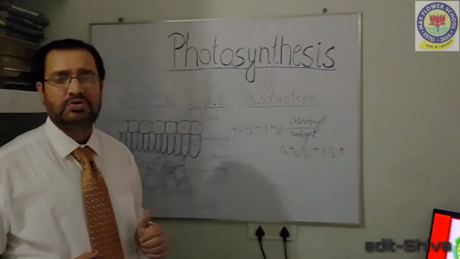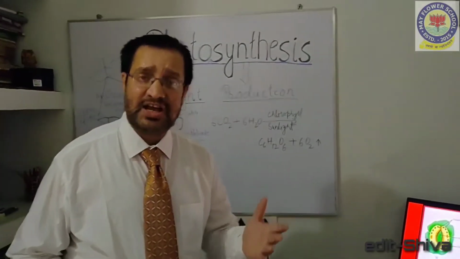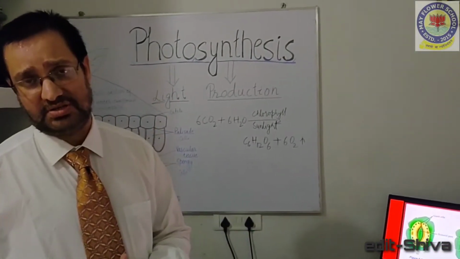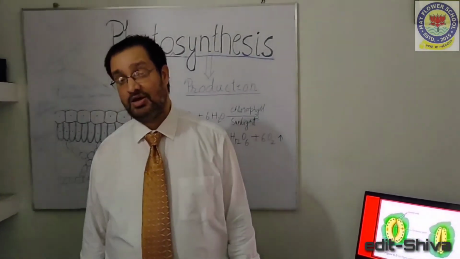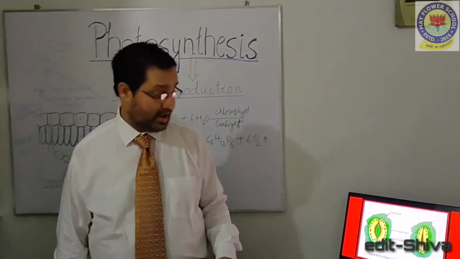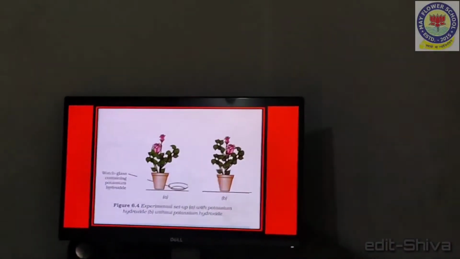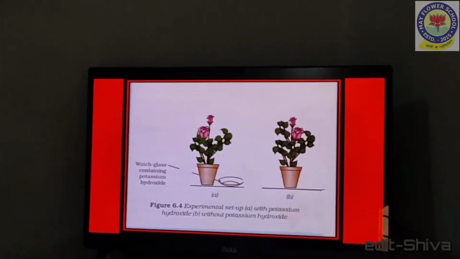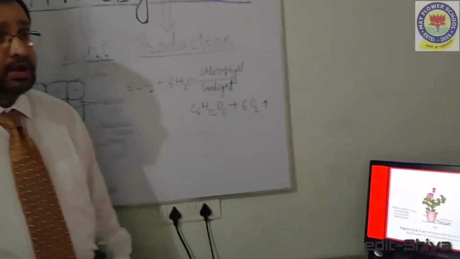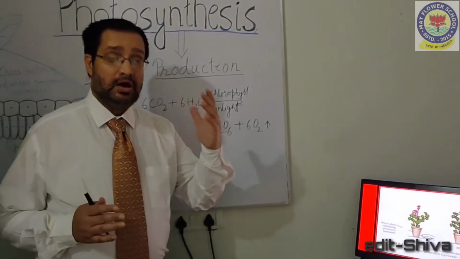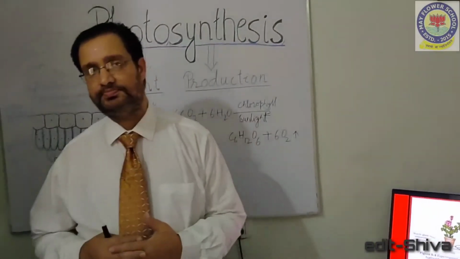Let us now do an activity which shows that carbon dioxide is essential for photosynthesis. For that, we will take two potted plants of the same height and put them in a dark room for 3 days, so that starch present in the leaves gets used up.